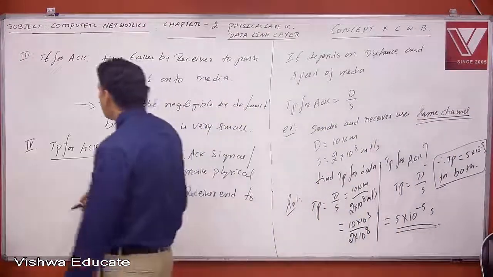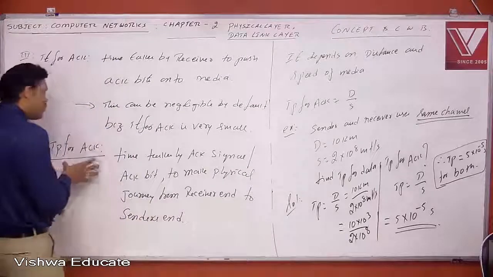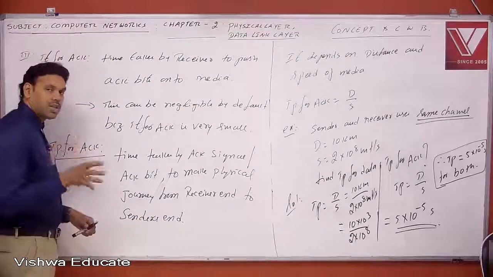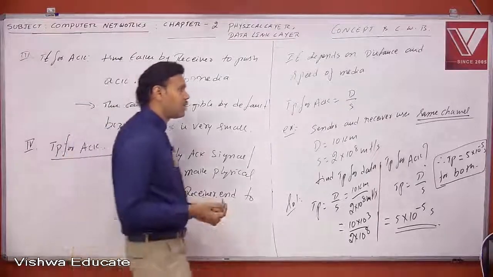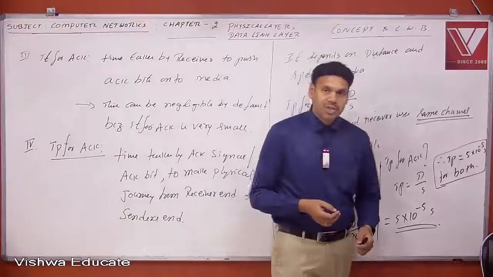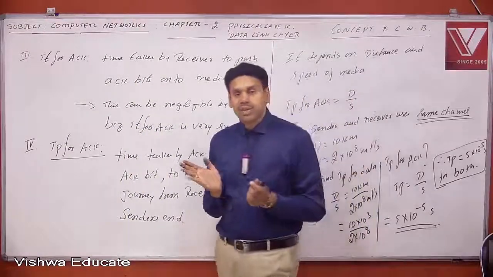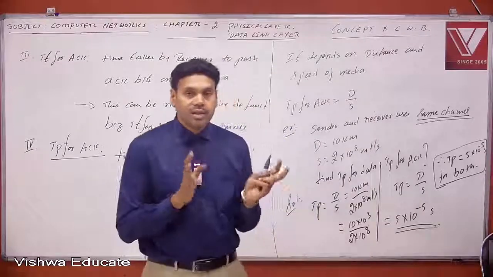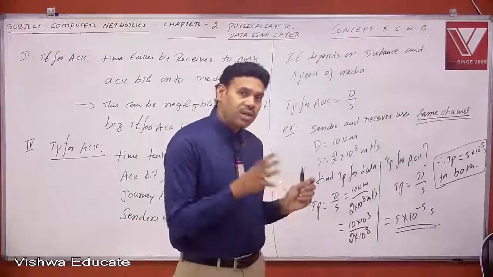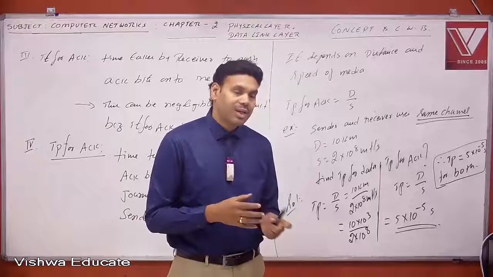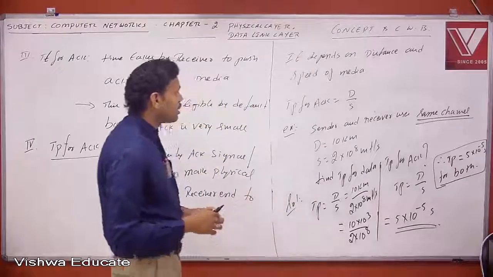Okay friends, so what do we understand? TP for acknowledgement is equal to TP for data whenever both use the same channel. If both are using different channels, then you have to calculate separately, one for data, one for acknowledgement. Okay, that example we will see in the next slide.